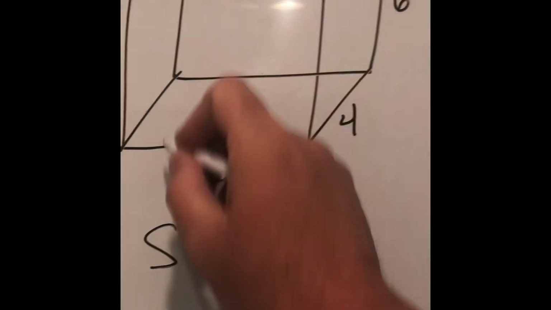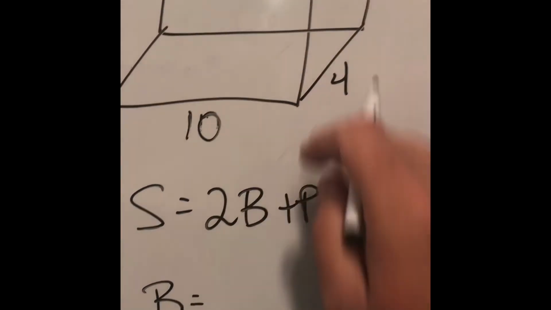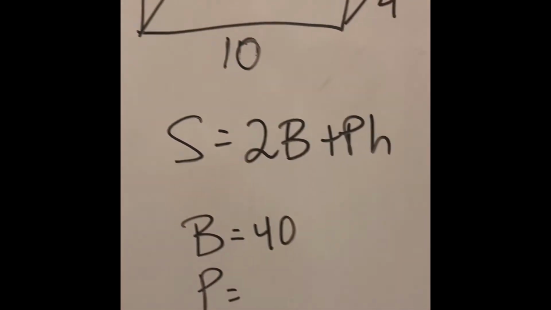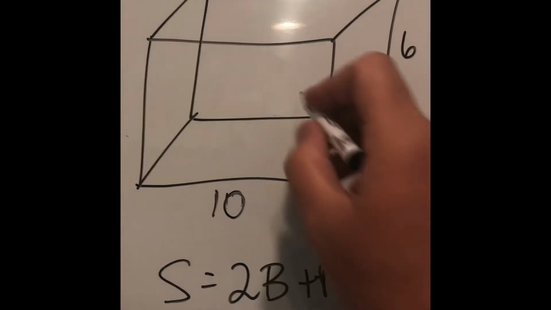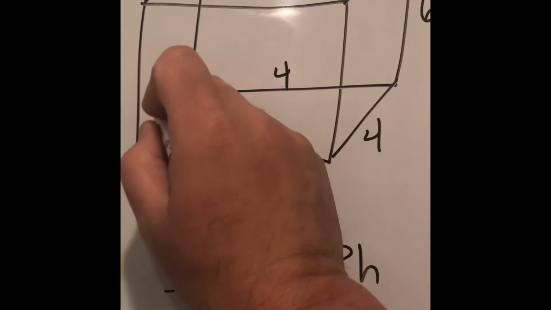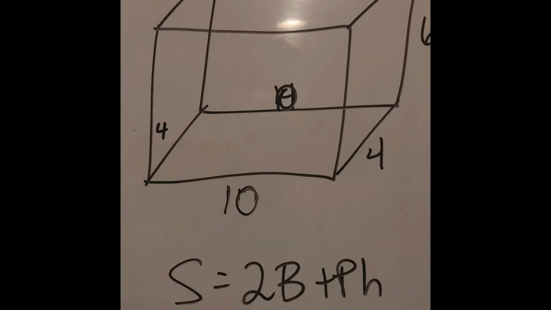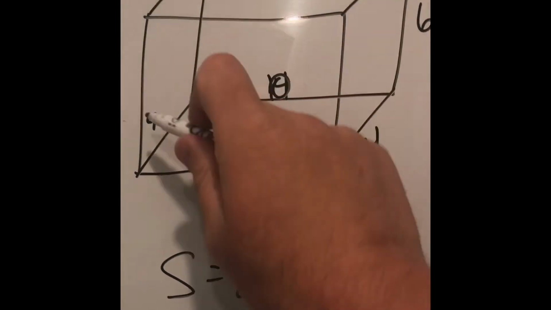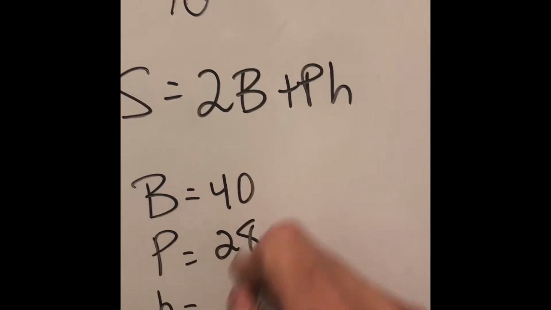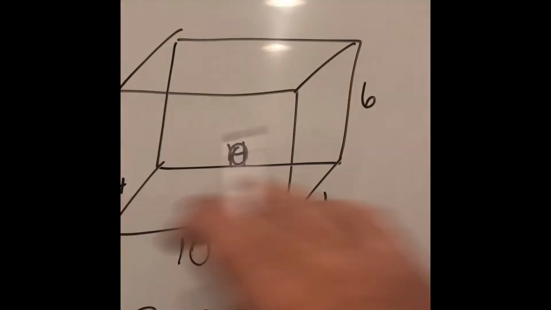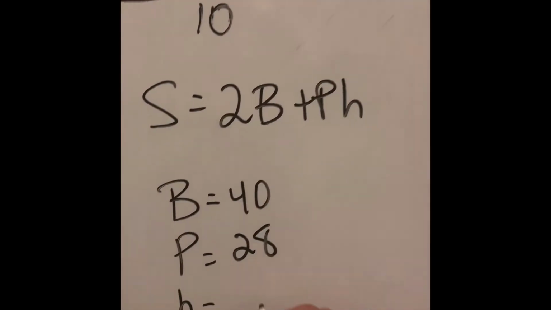So here's my base. It's a rectangle, 10 times 4, so the area of the base is 40. Perimeter of the base, remember, opposite sides are congruent, so that should be a 10. So add up all the sides here, you get a perimeter of 28, and then the height of the whole thing is 6.